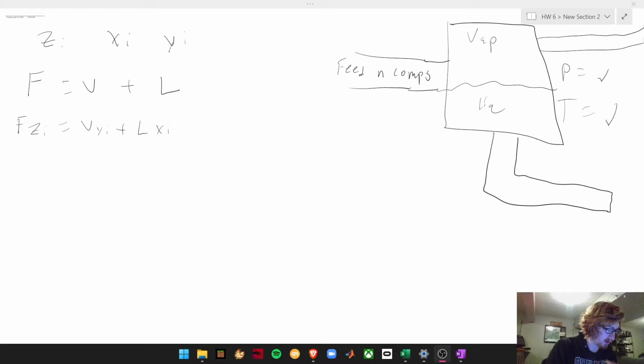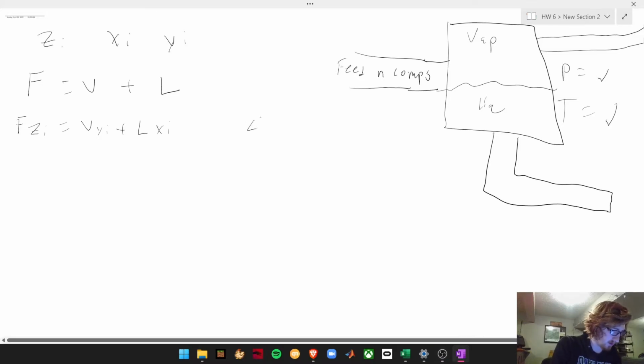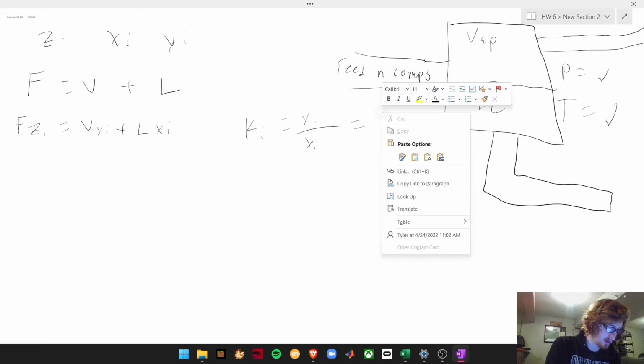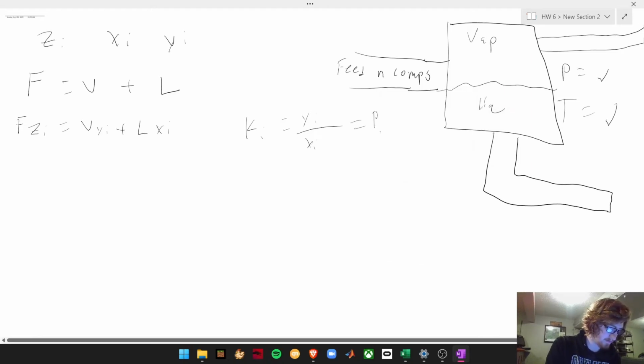From here, we're going to define one more thing. We're going to say Ki is going to be equal to Yi over Xi. And all this is saying is it's the ratio of the vapor phase to the liquid phase. And then if we were to rewrite this again, it would be the saturation pressure divided by the total pressure.